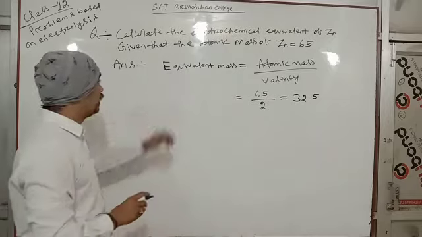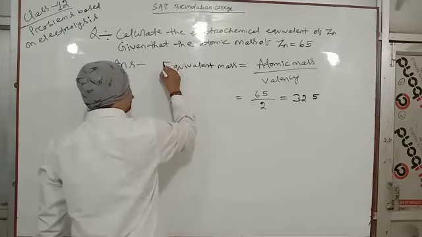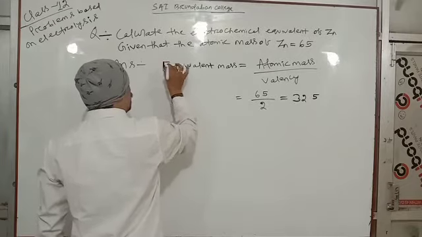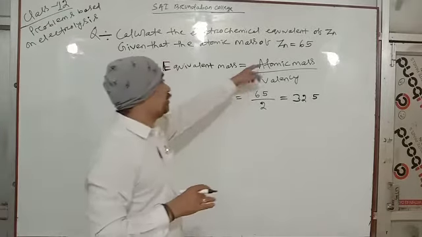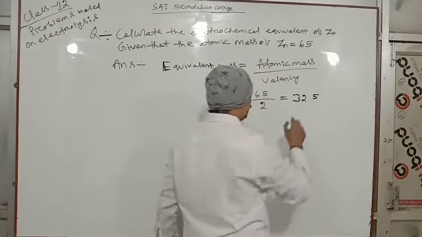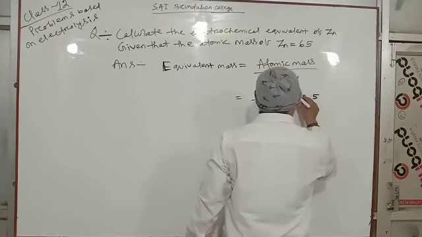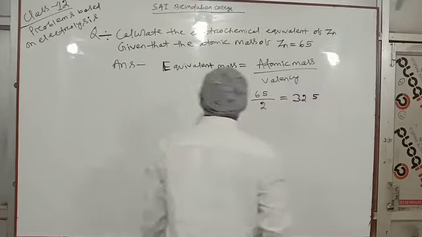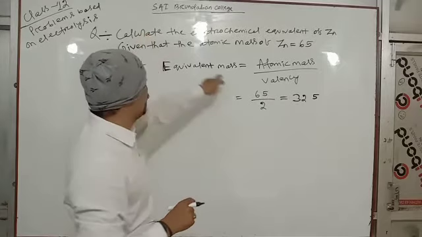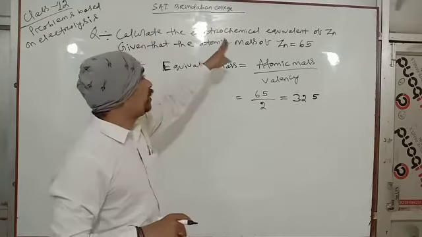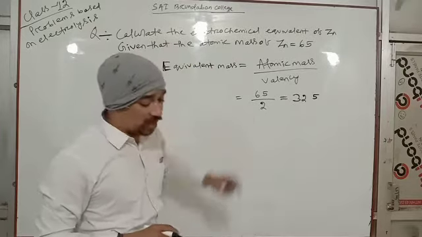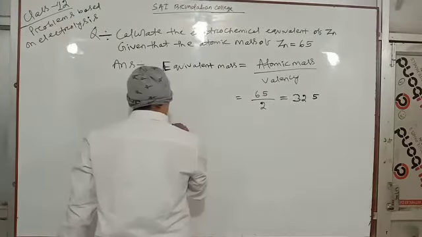So equivalent mass equal to atomic mass by valence, 65 by 2, that is 32.5. So 32.5 is the equivalent mass. We have got the equivalent mass. Now calculate the electrochemical equivalent of zinc.